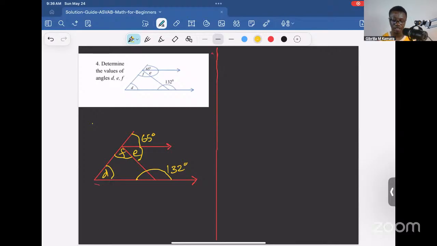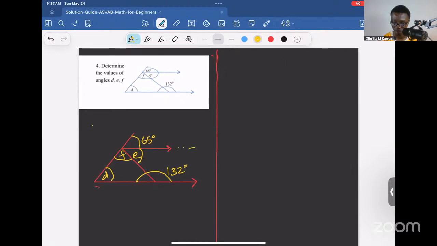If we look at the parallel lines, which are this one and this angle here, this should be the 132. So this is the 132. This we don't know. So let's take a letter to be here as G. So we can say G plus 132 is equal to 180 degrees.